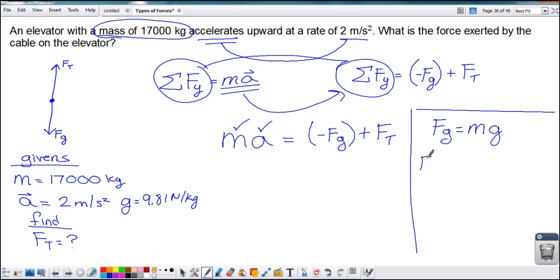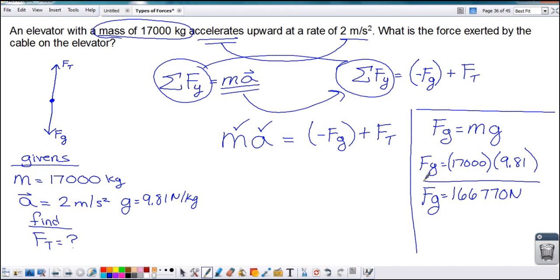So the gravitational force is equal to our mass of 17,000 kilograms times 9.81 newtons per kilogram. Multiply that out, we'll get our gravitational force is 166,770 newtons.